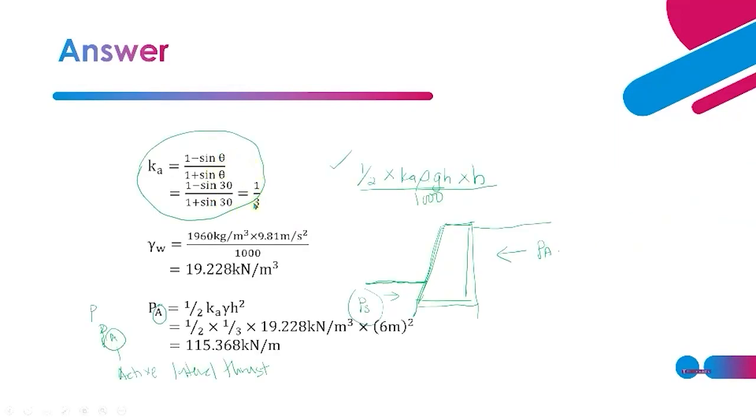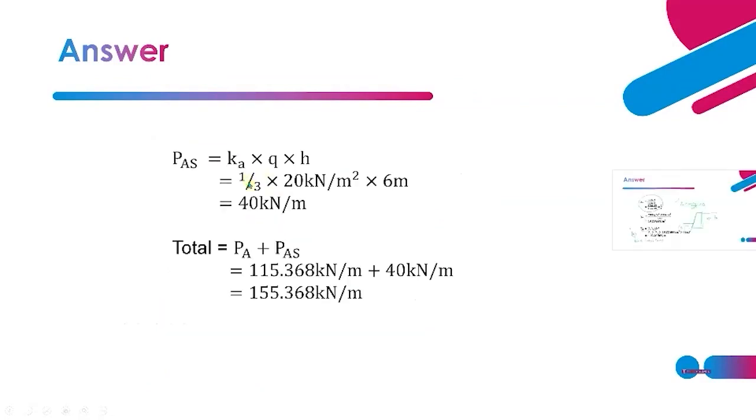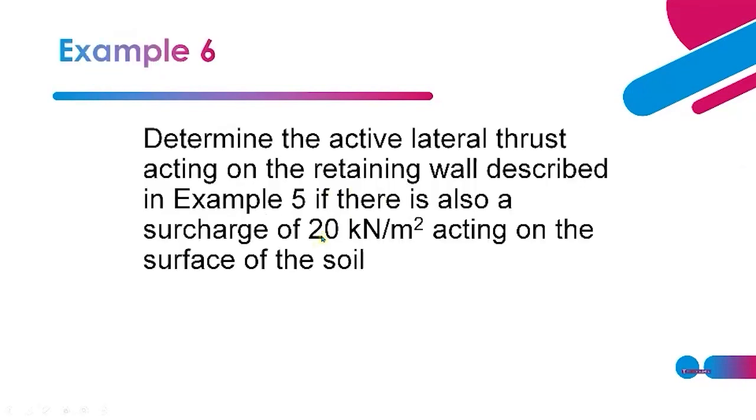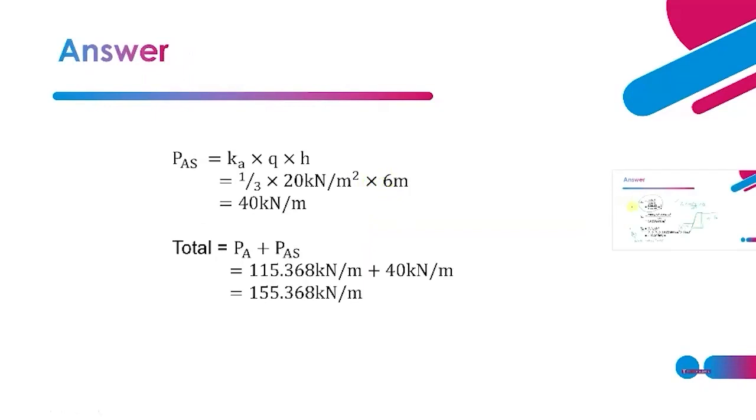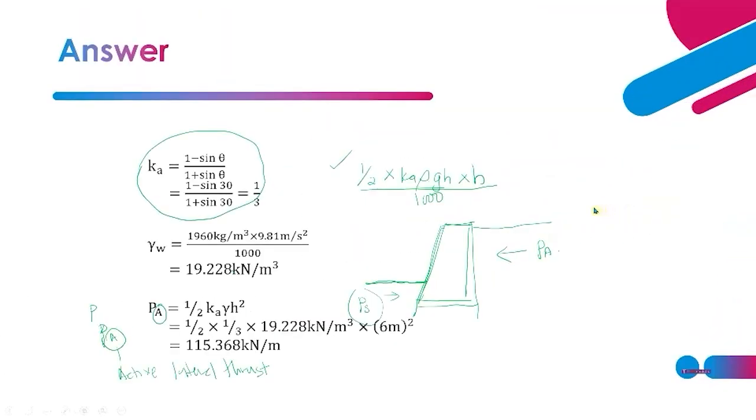Kat sini kita dah kira tadi example number 5. We already calculated that KA equal to 1/3. This is value of KA. And then Q given in the question, the surcharge is 20 kN over meter square. This is unit of surcharge. Untuk 1 meter square is 20 kN. And then H, according to the question, example number 5, you know that the H is 6 meter.